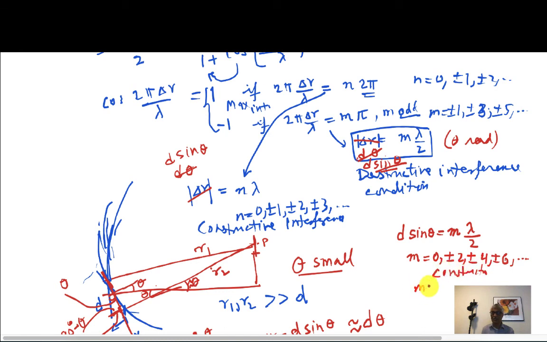And when m equals plus or minus 1, plus or minus 3, this is going to capture destructive. And just for the sake of completeness, delta r between the two paths is this.